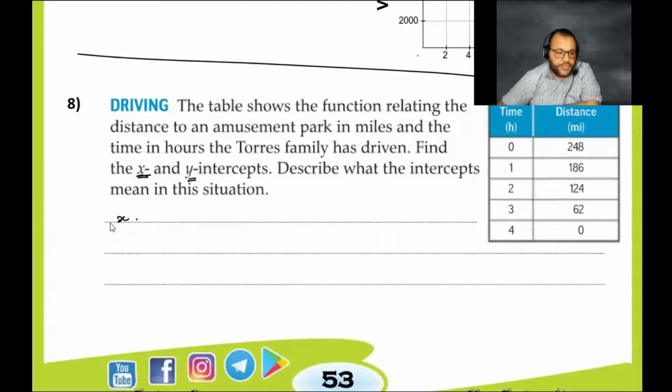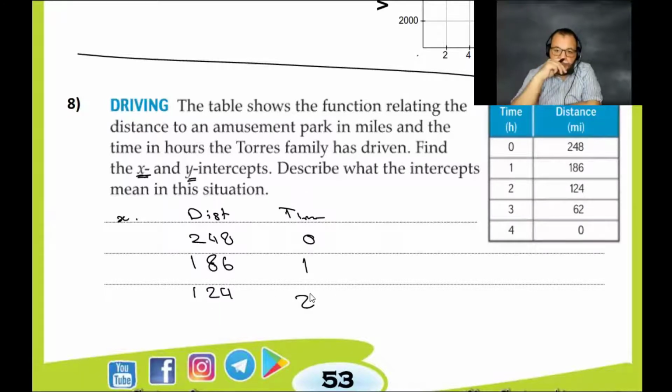So I will make another table here. I will write distance first, and I will write time here, and I will write 248, 0, 186, 1, and 124, 2.